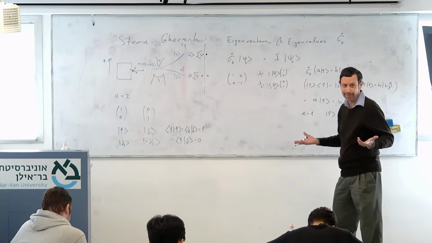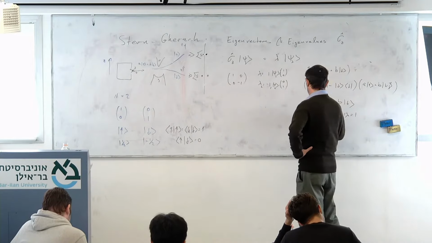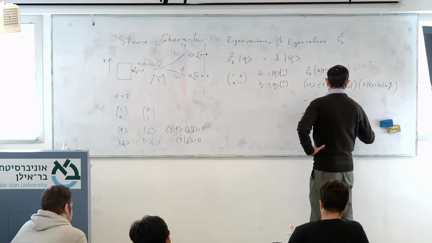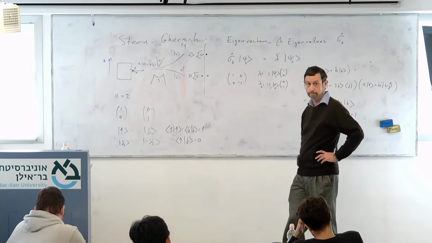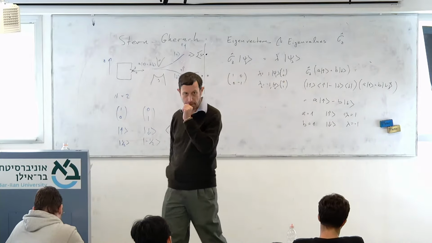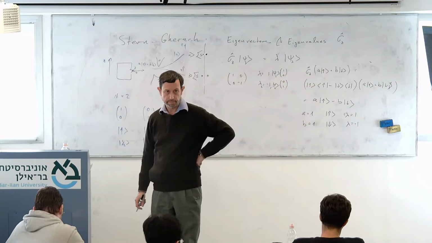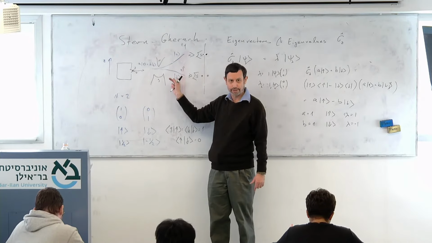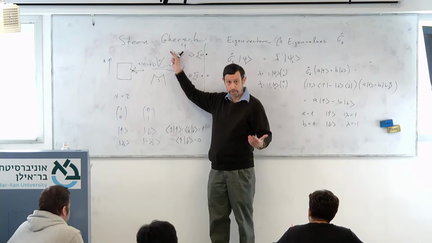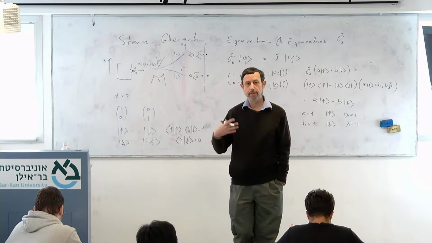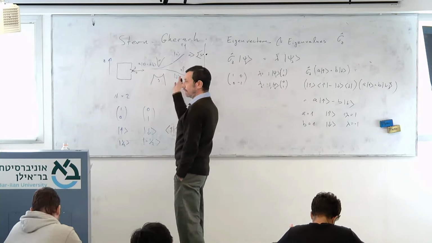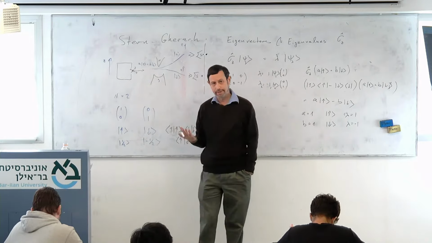No other combination will work. So that's the explanation why I told you this is for up, this is for down, because up corresponds to the eigenvector in the up direction, down corresponds to the eigenvector in the down direction.